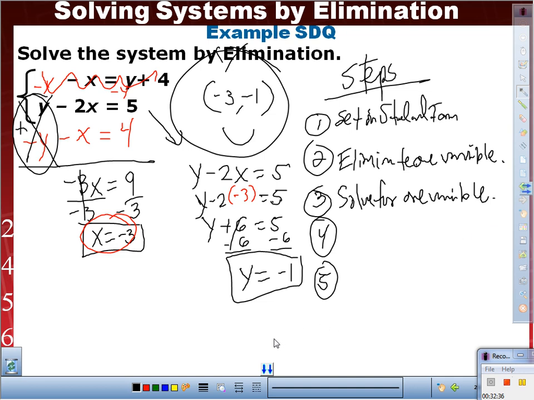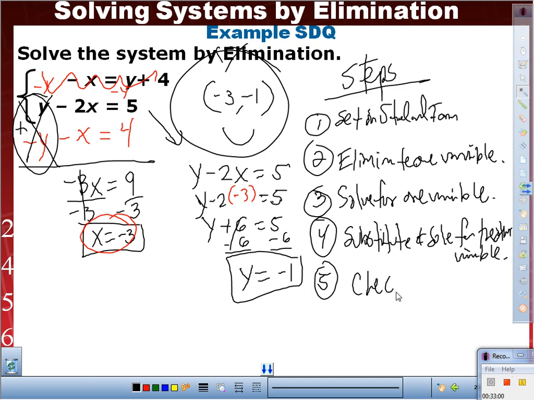What is step 4? Substitute and solve for the other variable. And the last step that we didn't do on this one, but we know we need to do, is to check. Do we know how to check once we get a solution?